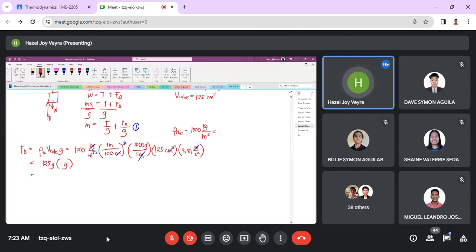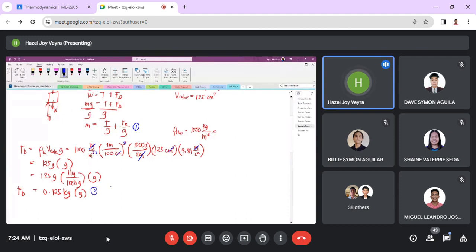So let me just convert this to kilograms. We have 125 g times 1 kilogram over 1,000 grams times the value of gravity. So we'll have 0.125 kilograms times gravity. This is equation number 2.